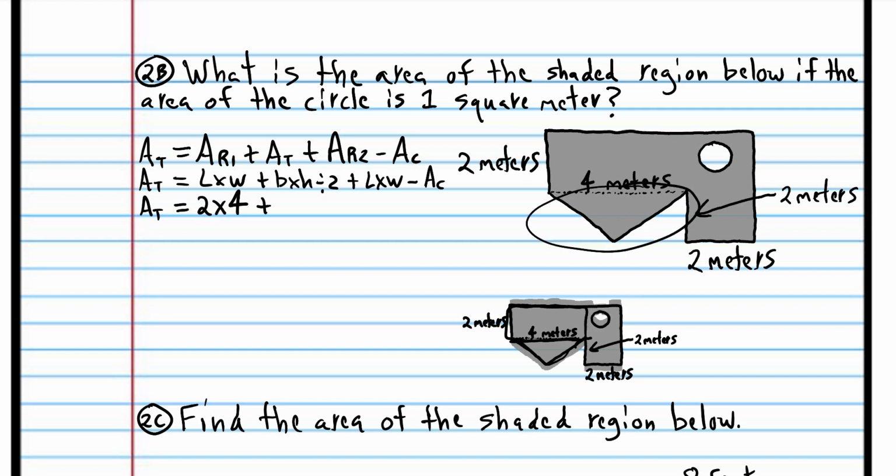Now we go to the triangle. Now here's where things get tricky. We have the base of the triangle, and by the way, you can see the triangle's upside down, but that's okay. We have the base of the triangle, but where's the height? There's no height, right? So we're stuck. So we give up, we quit, and we're done, right? Wrong. The height is there. It's just not labeled at this particular location. It turns out that the height is right here.